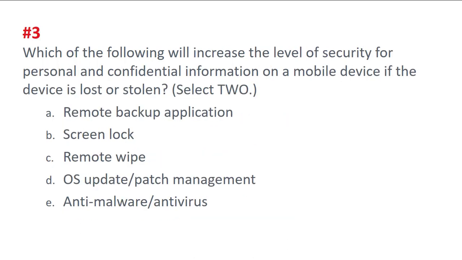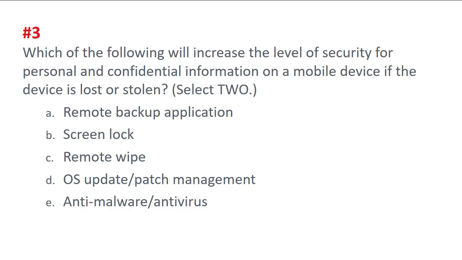Our question number 3 here, which of the following will increase the level of security for personal and confidential information on a mobile device if the device is somehow lost or stolen? There are 2 options here that make sense for increasing the level of security for your personal and confidential information, just in case that mobile device is stolen.